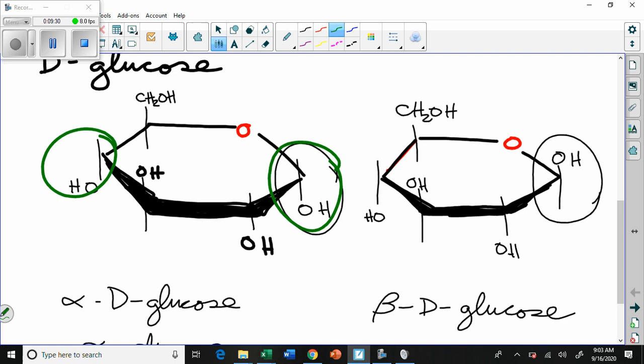And I remember that if they're both down, it's alpha glucose. Over here, if they're one up and one down, it's beta glucose. Okay, and you can see that picture in your textbook on page 30 at the top. There's a bunch of different isomers and things that are drawn there, giving you that idea. So that's what the alpha and the beta means.